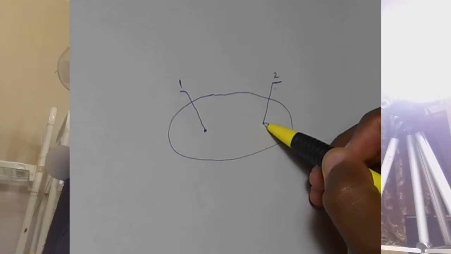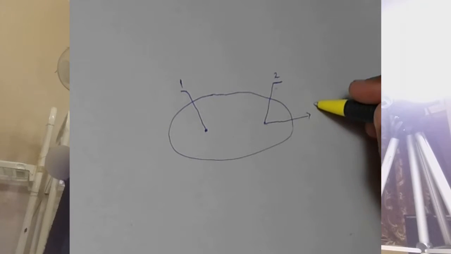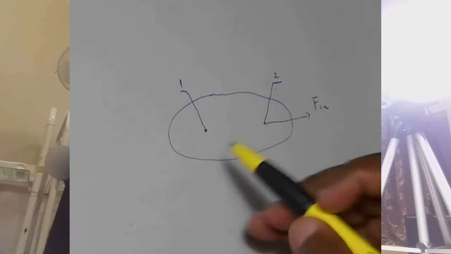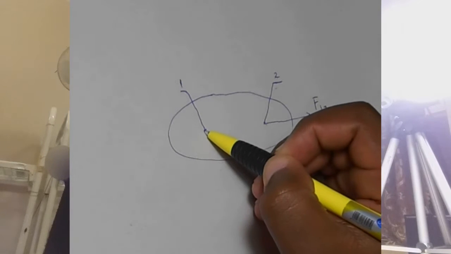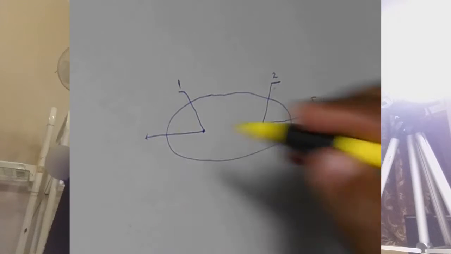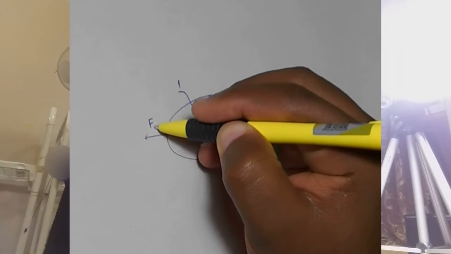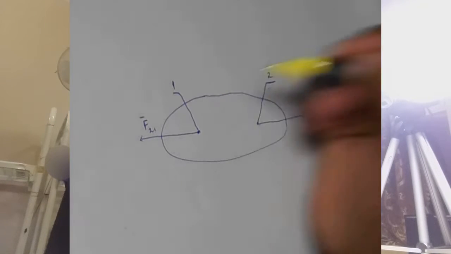And let us imagine that we have a force pulling from 2. This is called F12. And if point 1 is fixed, we will always have an opposite force which is equal, F21.